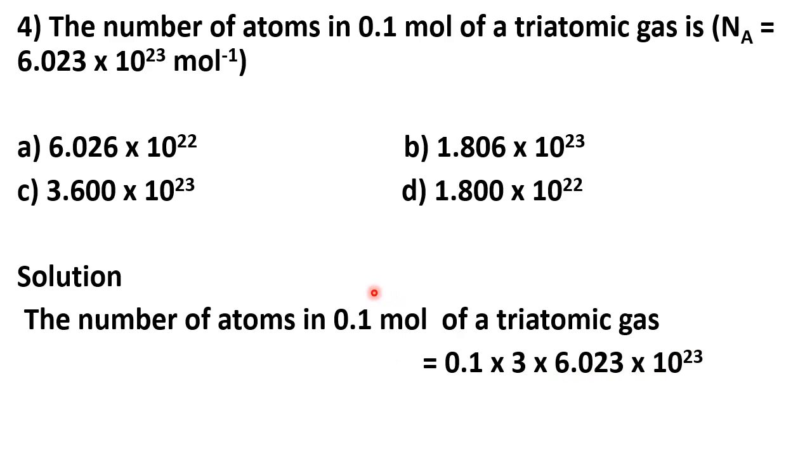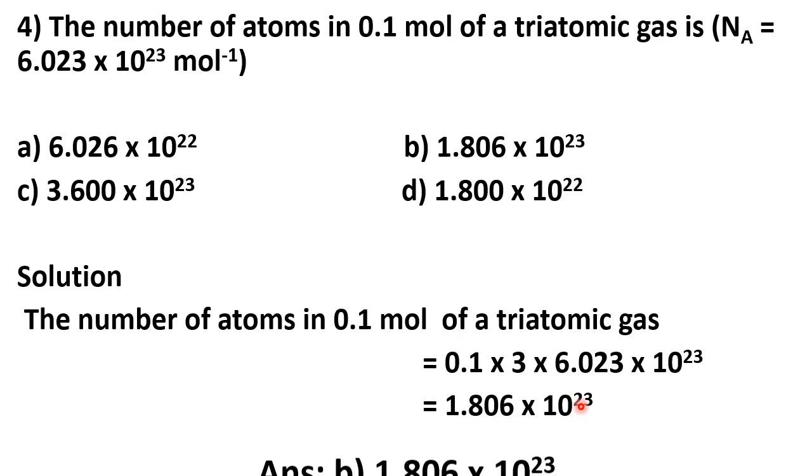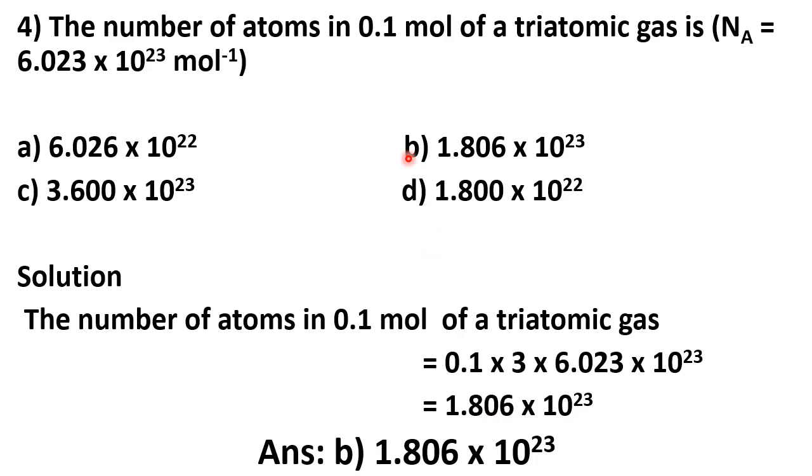If you take 0.1 mole, it becomes 0.1 into 6.023 into 10 raised to 23. Since it is a triatomic gas, you have to multiply with 3. So, 0.1 into 3 into 6.023 into 10 raised to 23. So, answer is 1.806 into 10 raised to 23. So, here correct option is option B.